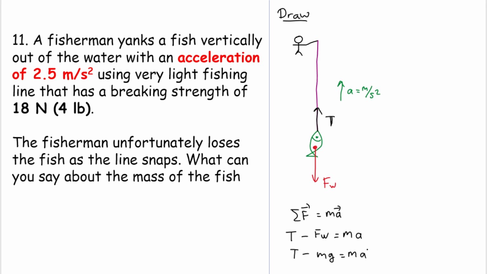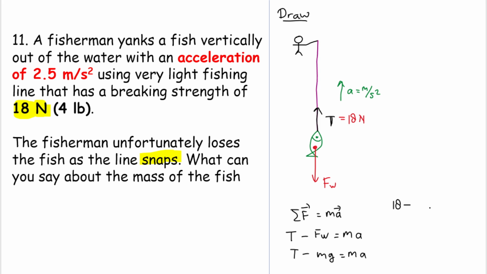Good. And because we know that the line snaps, we know that the T here is 18 Newtons, right? So this T here is 18 Newtons because the line eventually snaps. So it has greater force than its breaking point. So let's plug that in. I will have 18 here as T, and then minus the mass of the fish.